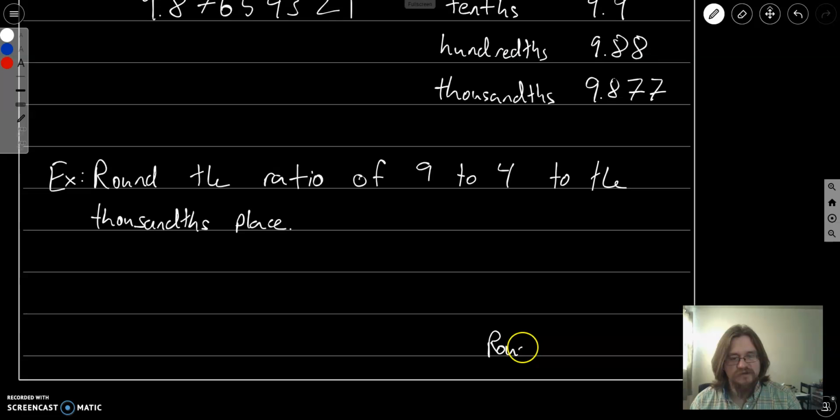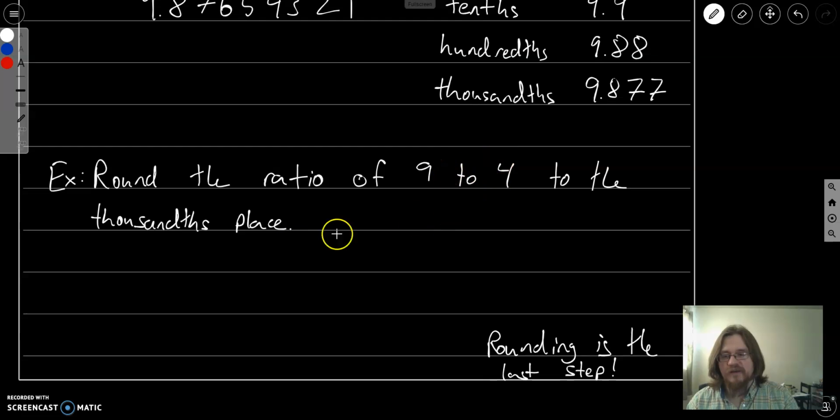Rounding is the last step. We always want to round last, because sometimes if you round in the middle of a problem, your numbers change slightly, so it won't match the actual solution at the end. We always wait till the very end to round.